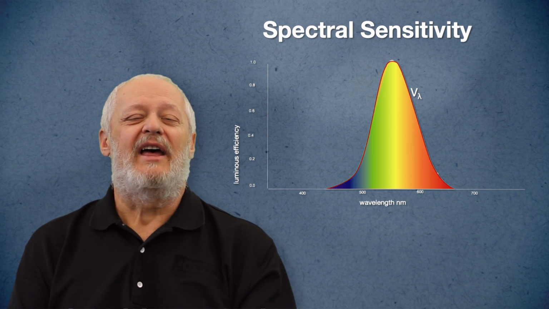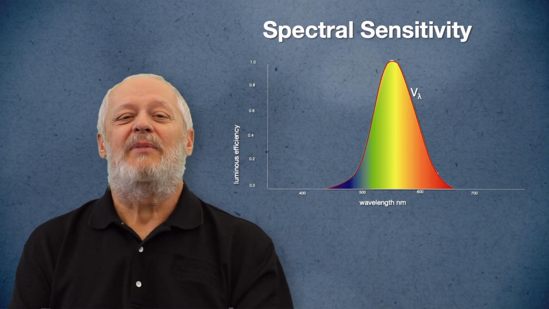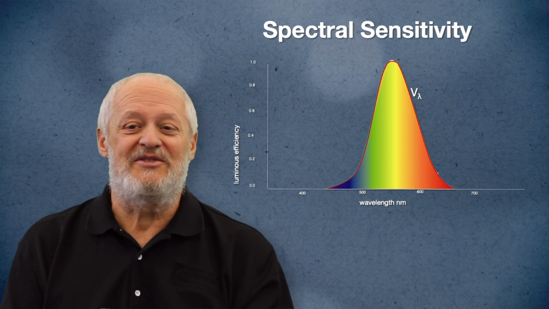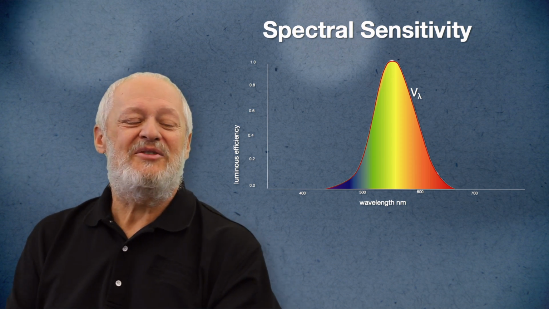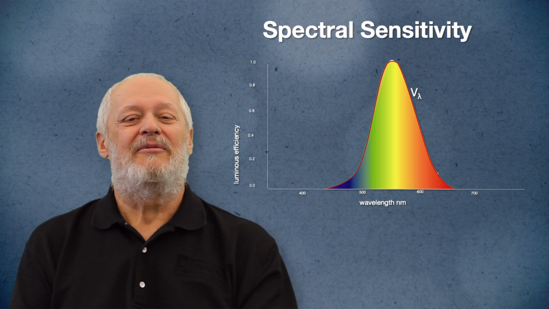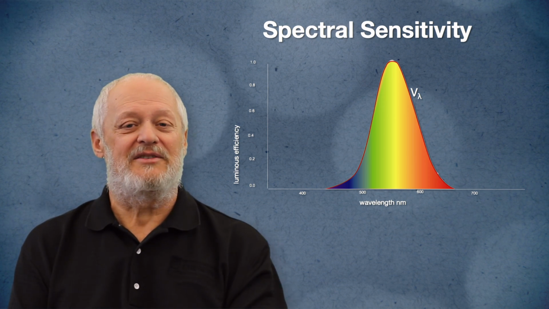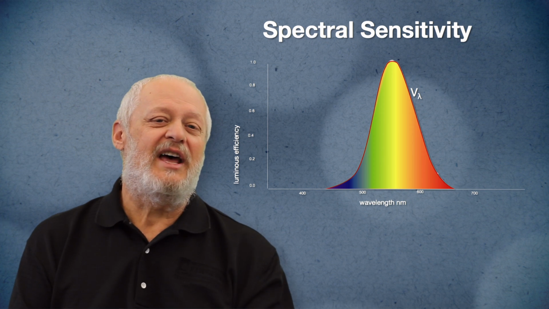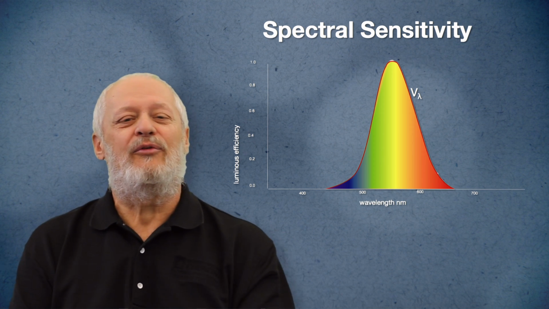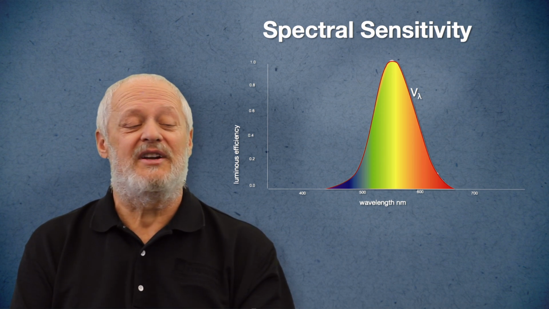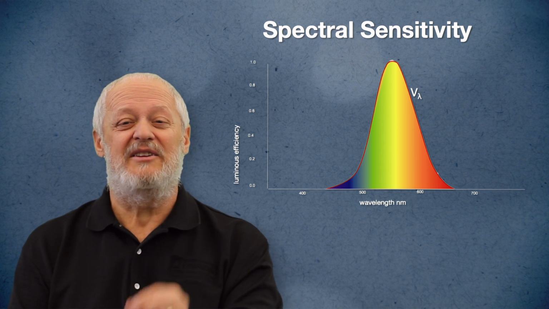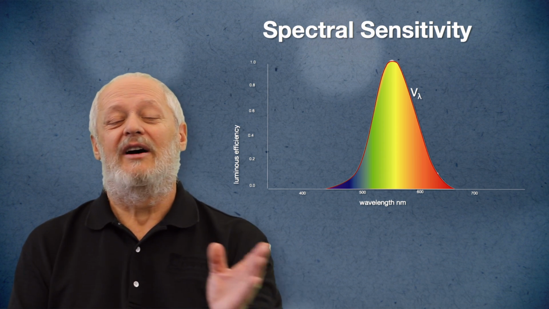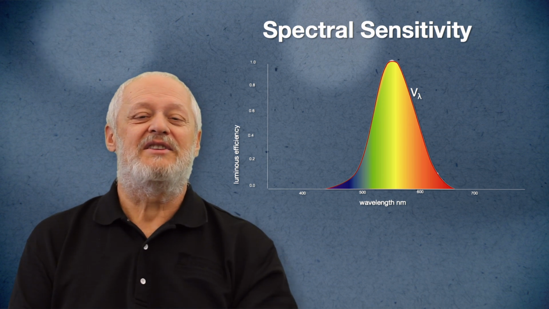This is a graph that was generated by studying college students because they're basically very cheap to experiment with. They measured the sensitivity of people's eyes to different wavelengths. And we discovered that in a spectrum from about 400 to 700 nanometers, and a nanometer is 10 to the minus ninth meters, a very, very tiny dimension, we have a changing sensitivity to light.